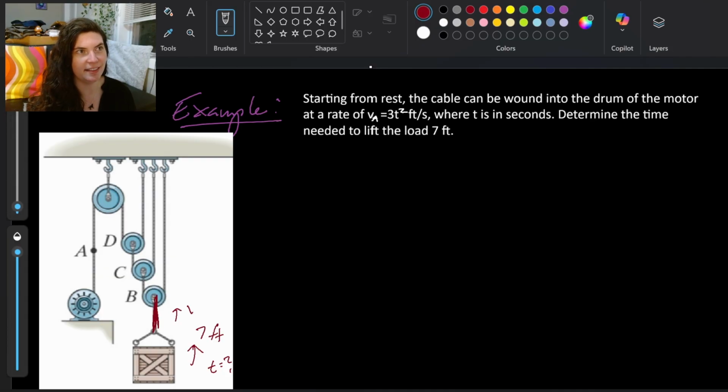So whatever is happening here with the velocity of B, we can relate that with position and time to find that time. Given that we know the velocity of A is being wound into the drum, at A here, VA is going to be 3t squared, a rate of 3t squared.